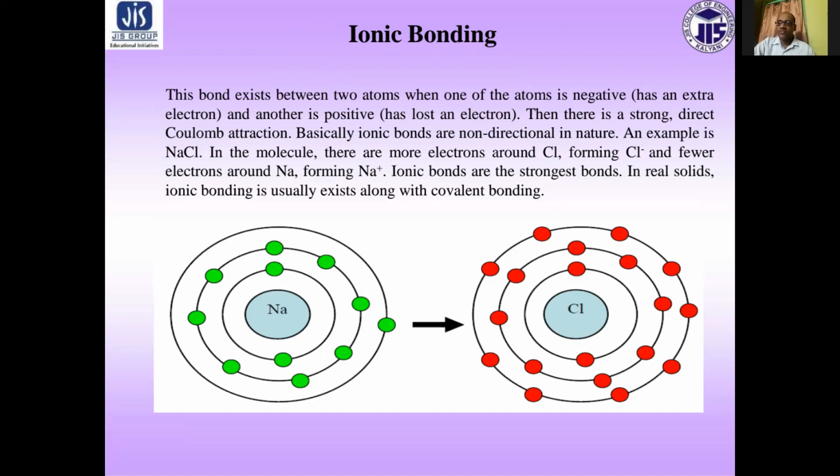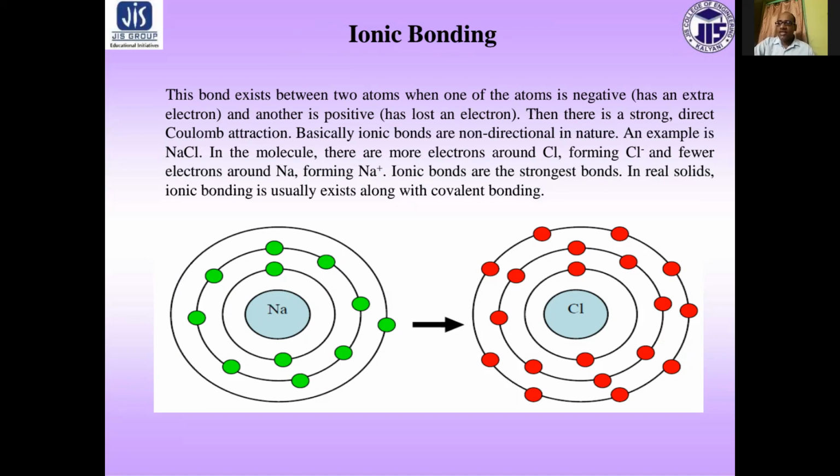Now in this schematic diagram, the ionic bonding is shown. Here sodium is giving an electron to the chlorine atom. Thus, the outermost shell of the sodium atom has only one electron, which it gives to the chlorine atom. And in the chlorine atom, the outermost shell is one electron short of being full.